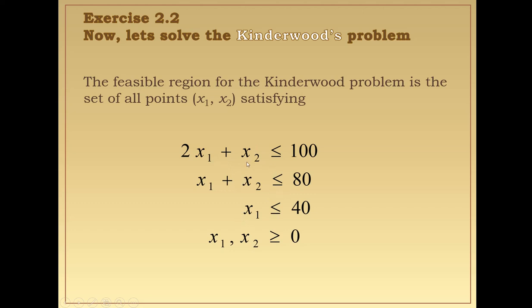For the first one, I have already given you the tips. To draw a straight line, you just need to get the intercept points on the x1 and x2 axes. For example, in the first constraint, to get the x1 intercept, set x2 equal to 0.